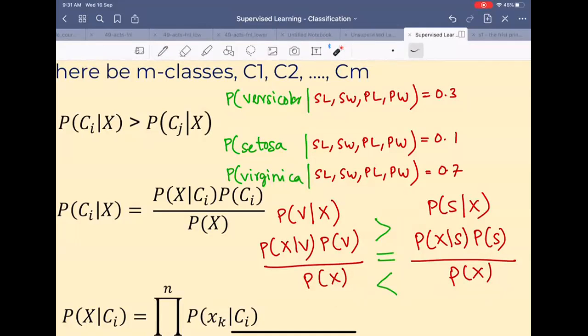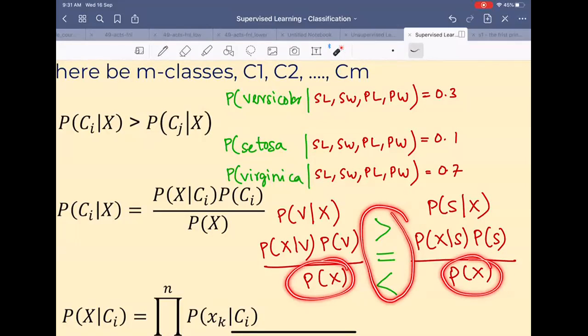Excellent. P of X, no need. Even if we don't evaluate P of X, we can still decide these signs.